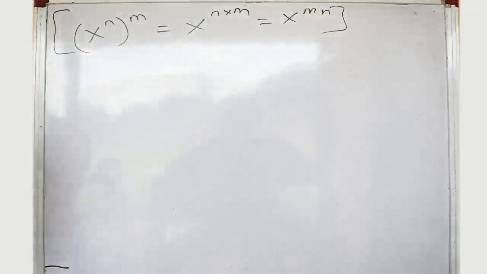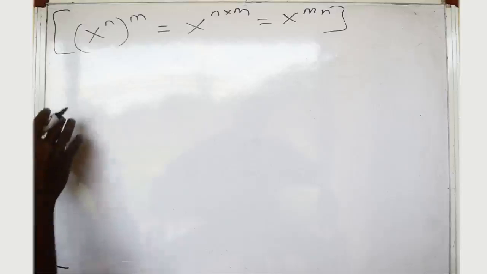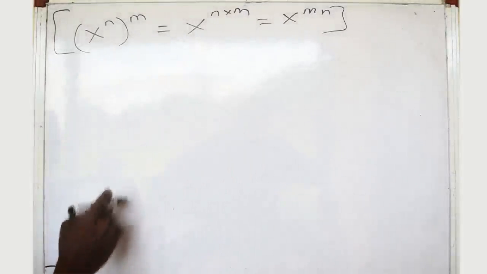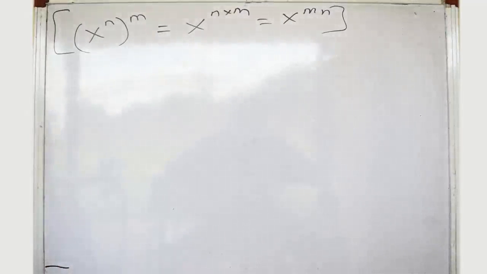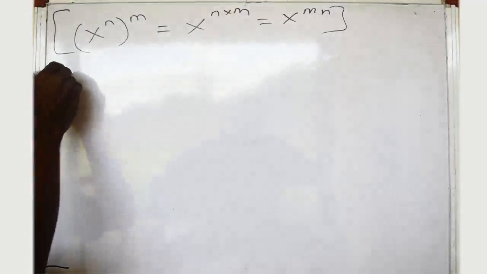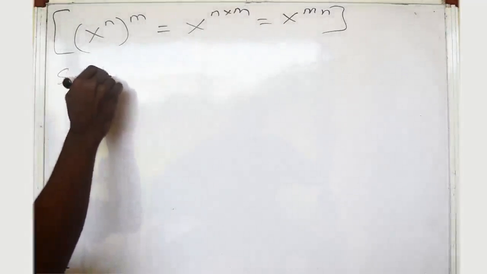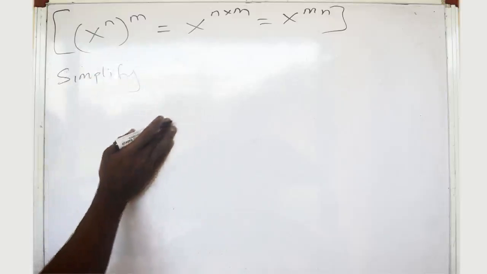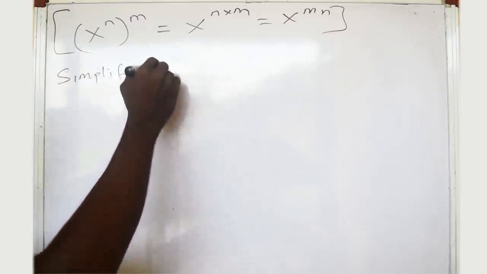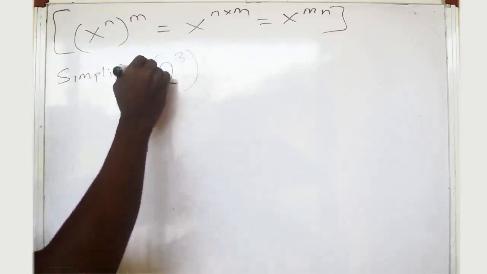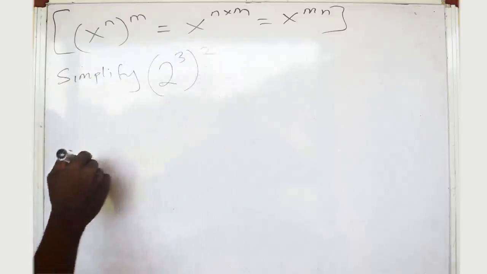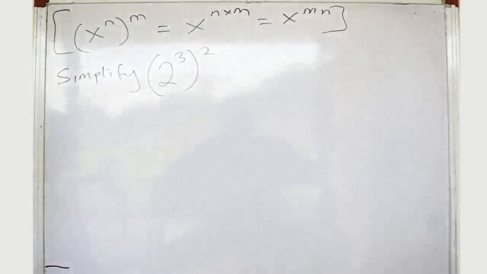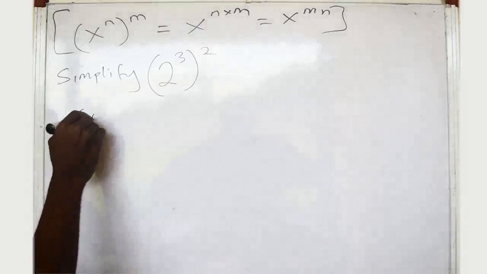Now the question is, how do we apply this technique to solve a problem in mathematics? For instance, if I say simplify, I could as well say solve, 2 raised to the power 3, all raised to the power 2. How do we go about this? I can solve this in 2 ways. The first method, I'll say solution.